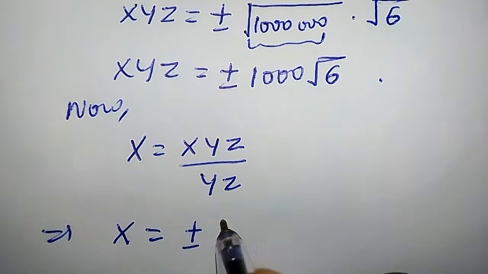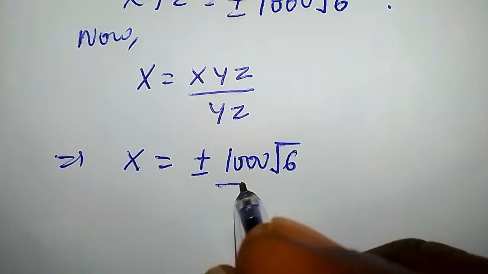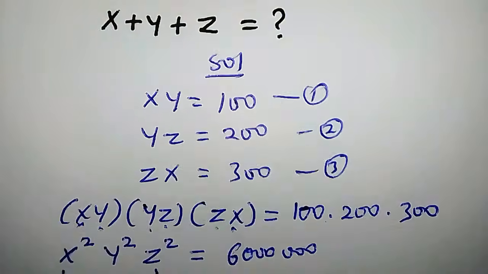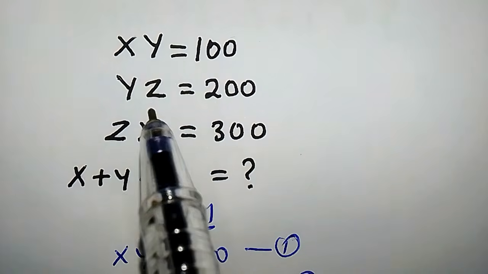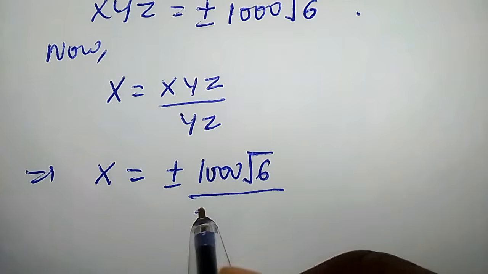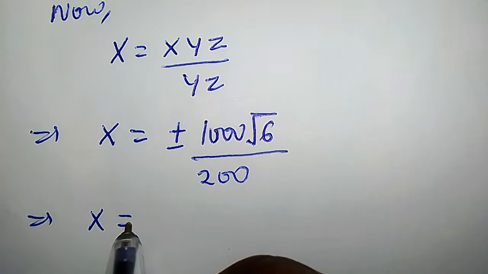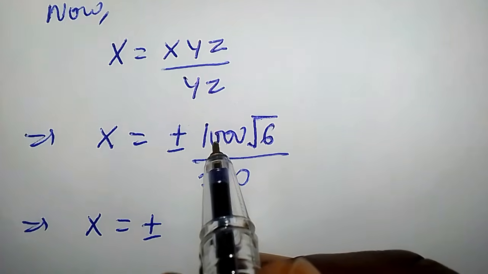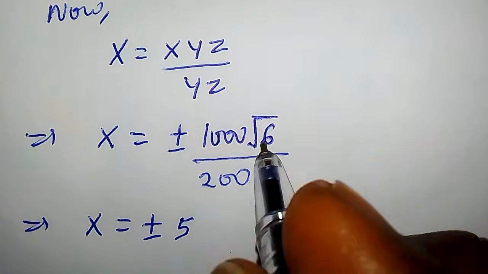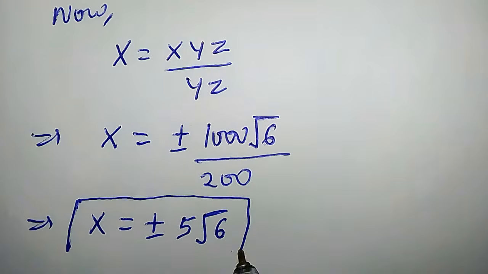Plus or minus 1000 times root 6 divided by, what is yz? Let me show you. It's from the question. yz equals 200. So we have 200. This implies that x is equal to plus or minus 1000 divided by 200, that is 5, times square root of 6.